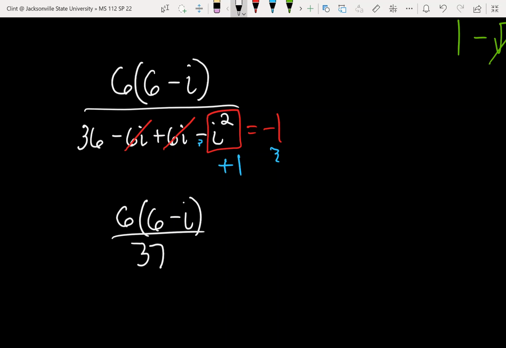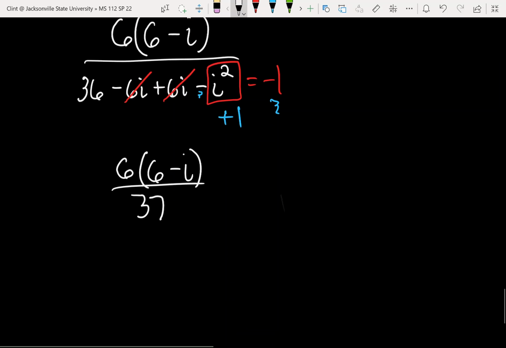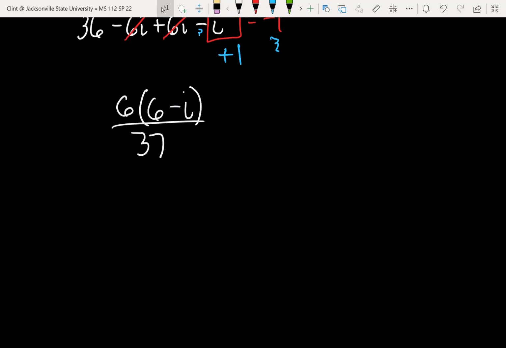So on this particular one, yeah, I would go ahead and distribute the 6 on the top. So that's 36 minus 6i over 37. And then to put it in that standard form, we want the a plus bi form.